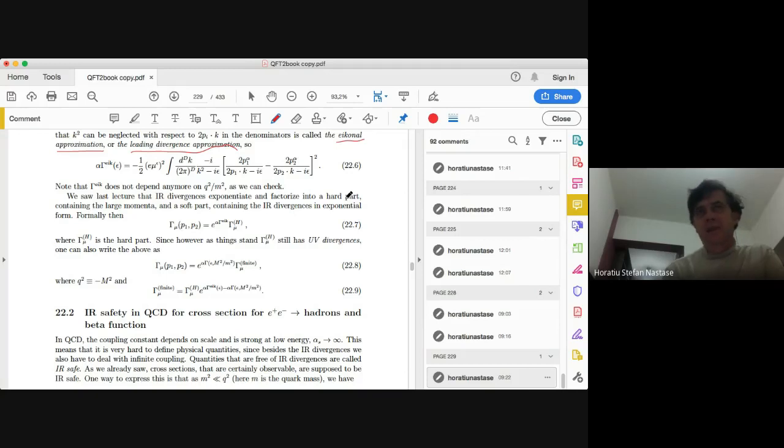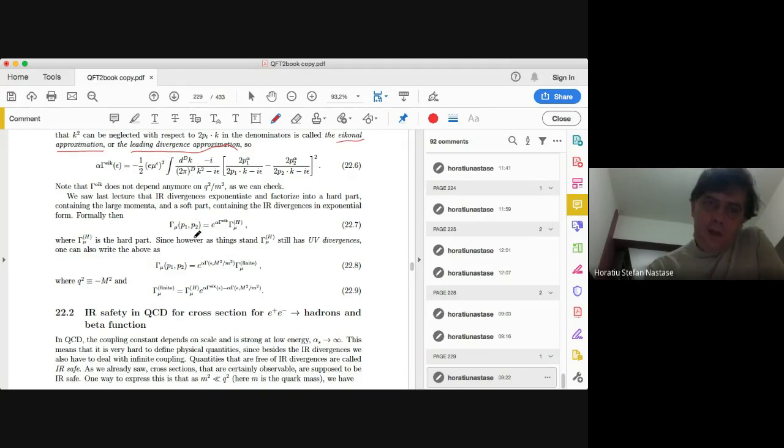Specifically, the vertex we're interested in has finite or even large momenta for the external lines, but in the loop, or correspondingly when we try to cancel it, in the momenta of the emitted photons, we have soft, low energy, low momentum particles.